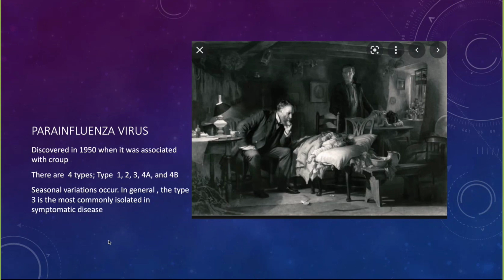The most clinically significant are types 1, 2, and 3. Types 1 and 2 have been the ones most commonly associated with croup, and type 3 with lower respiratory tract infections and pneumonias. For 4A and 4B, the clinical significance is not well described.